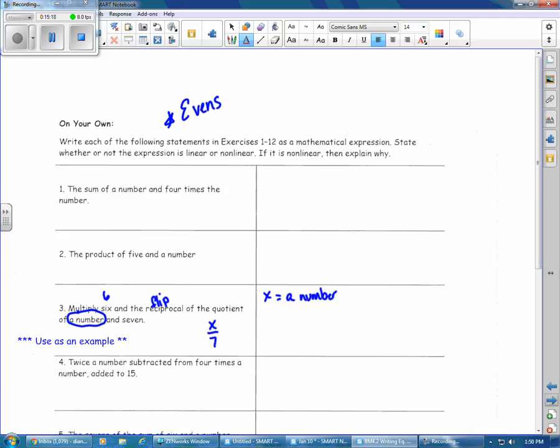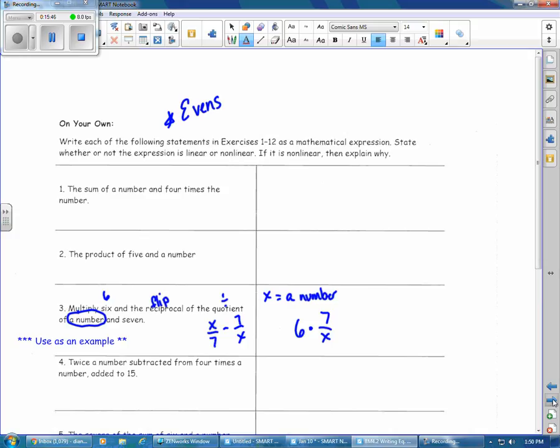If we take the reciprocal, it would be 7 over x. So 6 times 7 over x would be what we're writing. 6 times the reciprocal of the quotient of a number and 7.